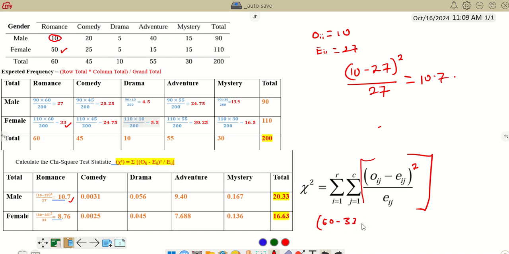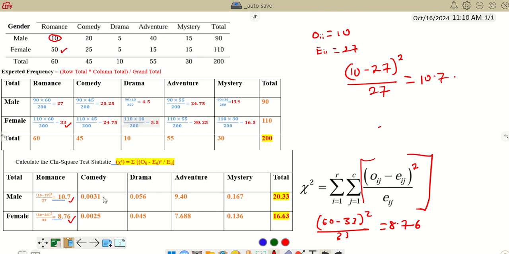Then you square it, divide by the expected. The expected is our 33. And when you do that, you will get 8.76. That is what we have here. So you are going to do that for all.